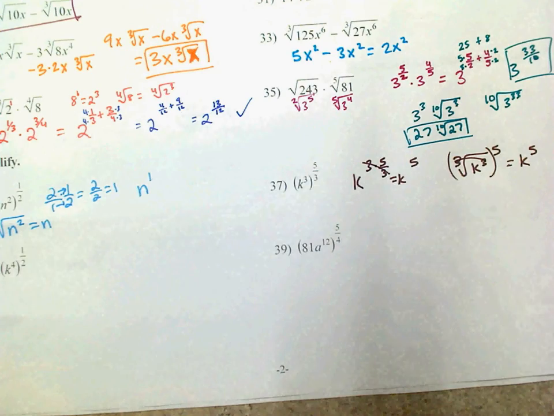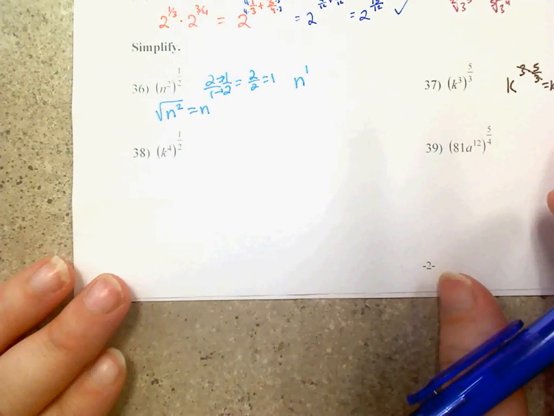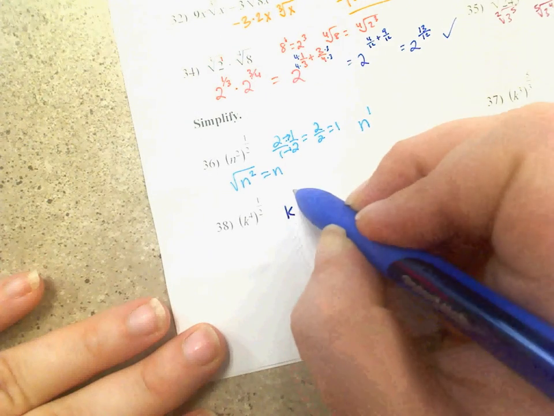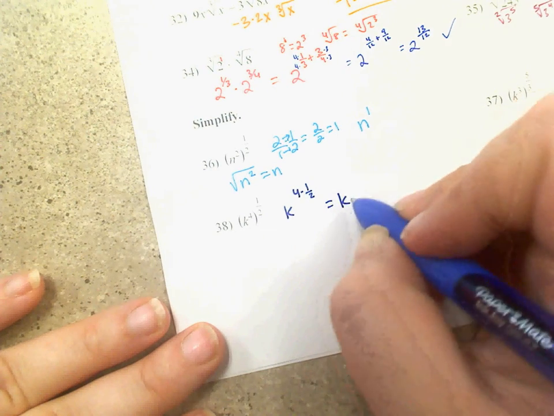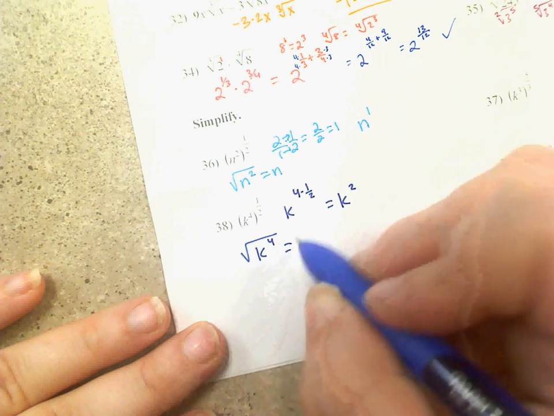Alright, so k to the 4th to the 1/2. So again, k to the 4 times 1/2. 4 times 1/2 is 4 halves, which is 2. My answer is k squared, or I can think of it as the square root of k to the 4th, which is k squared, because 2 goes into 4 twice.